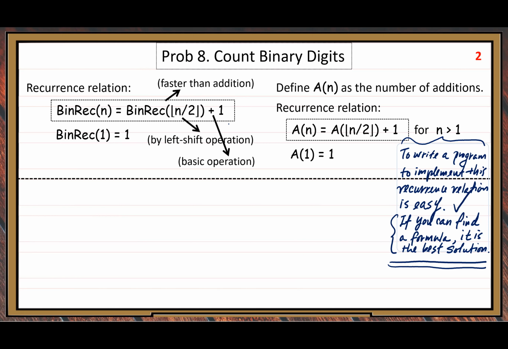Some of you may argue it could be 0 because we do not need to do addition. But in order to make it close to our original problem, we make it 1 because it's not a big deal, just one difference. The good thing is if we solve this problem, the solution is the same as the original problem, because the structure is exactly the same.